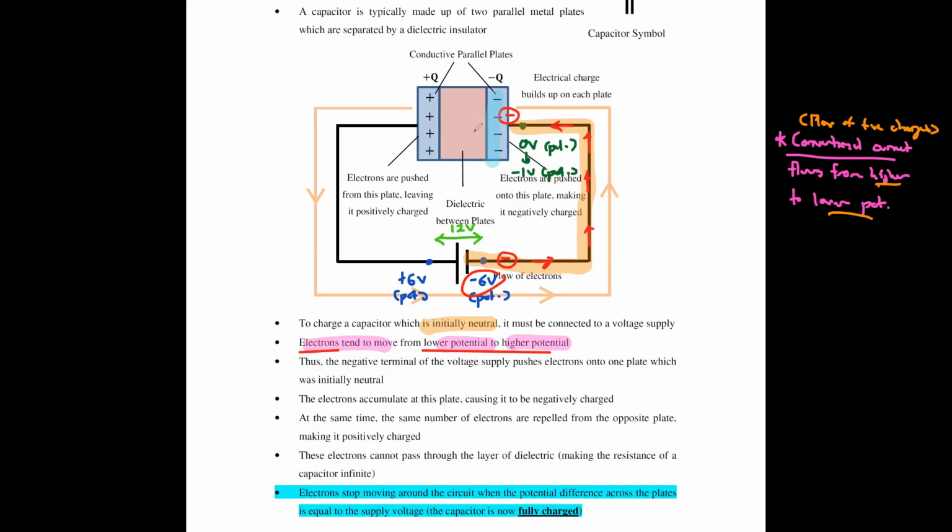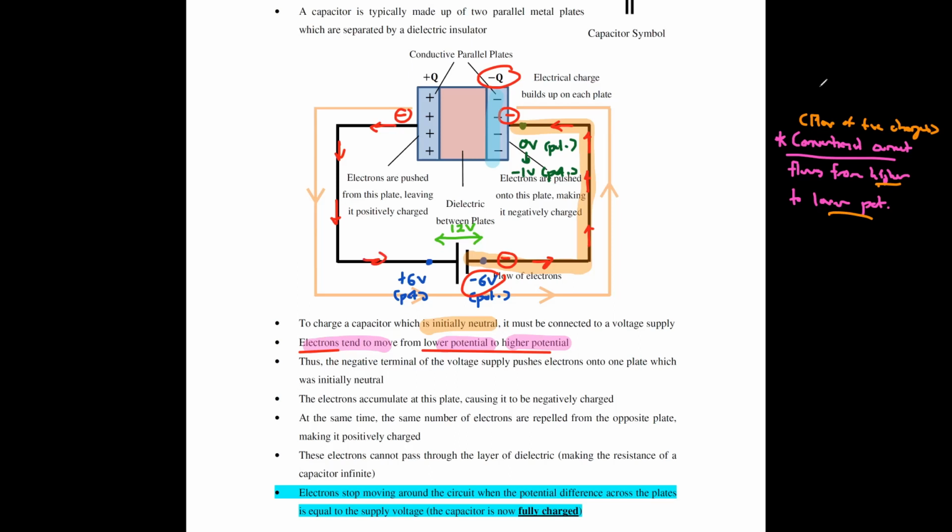Okay, so after that, if you look at the other plate, because this plate is already negatively charged, it will tend to repel another electron away from the other plate. So right over here, another electron gets repelled away and it tries to flow towards the positive terminal.